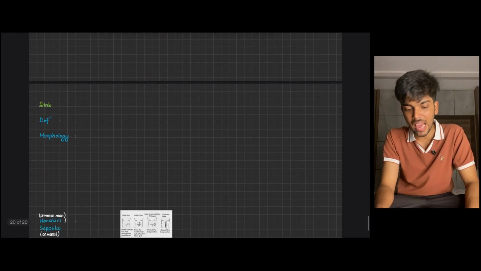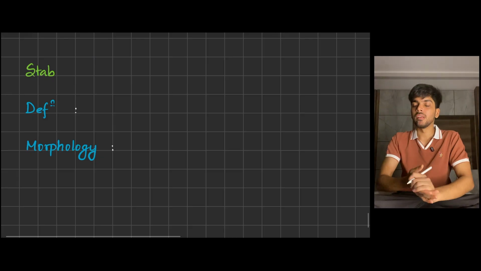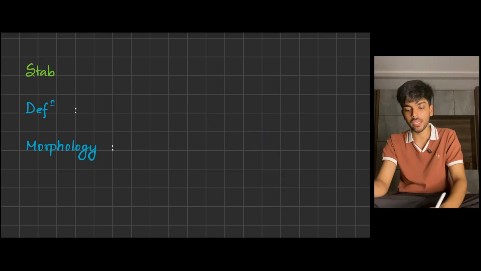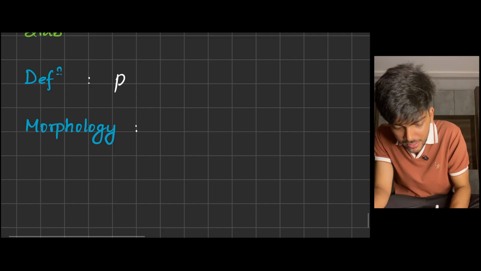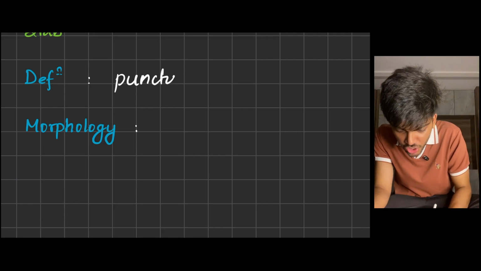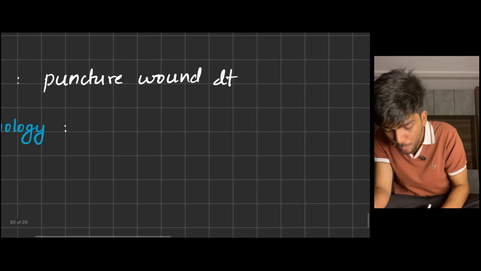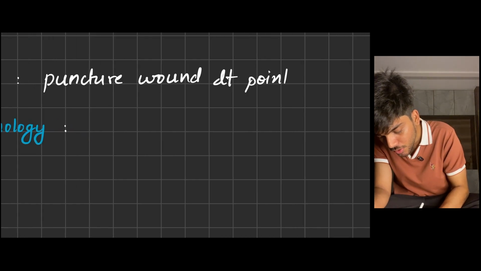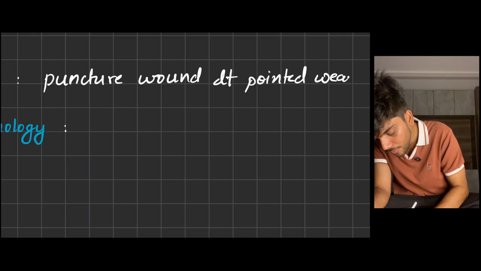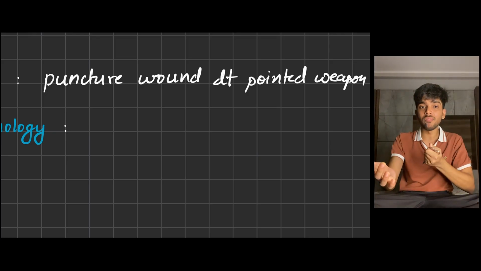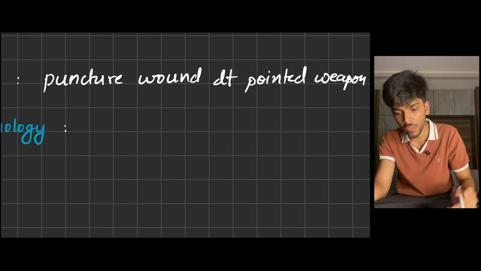Next is stab. So stab force injury leads to a puncture wound, or the stab itself. How is it defined? It is nothing but the puncture wound due to a pointed weapon. For example, if I use this pointed weapon to stab myself, penetrate myself, this will lead to a puncture wound.